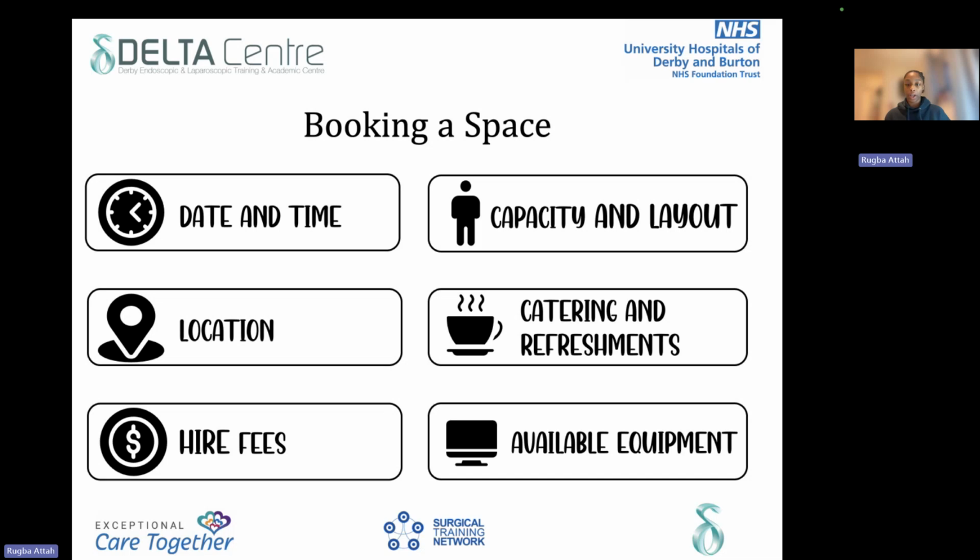Is there a nearby hotel for anyone that's traveling from out of town? Then fees, which is not just for the venue, but also for any additional equipment. Do they charge to use their projector? Is it extra to use their AV equipment, or does it all come in one bundle price, I guess you could call it?